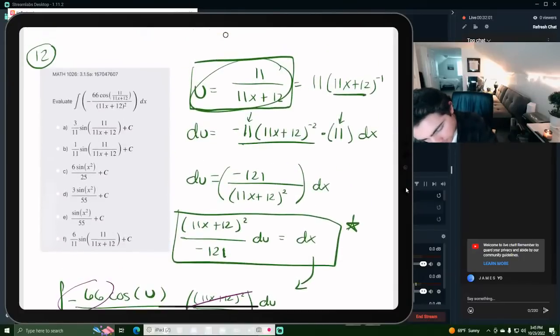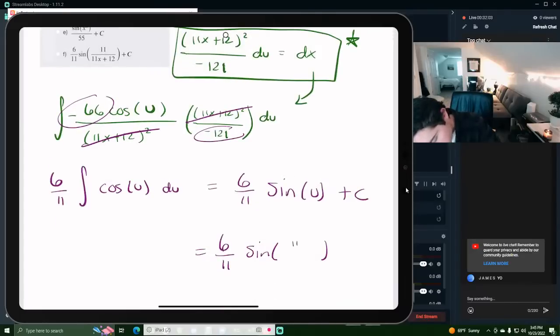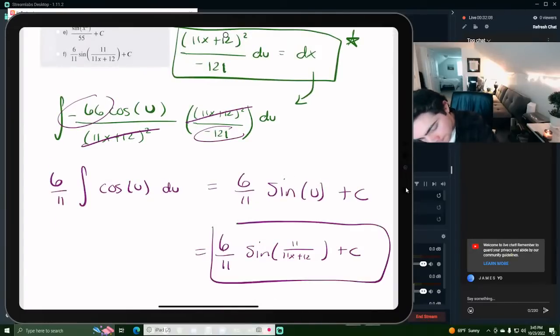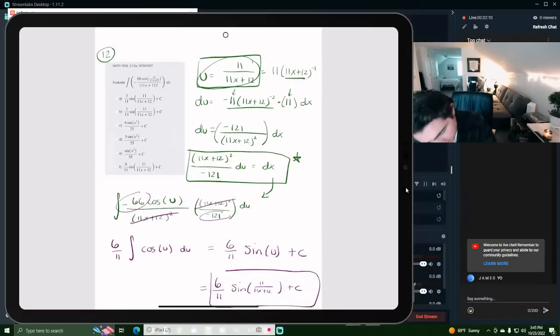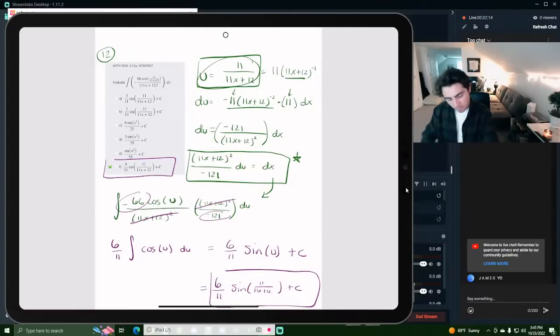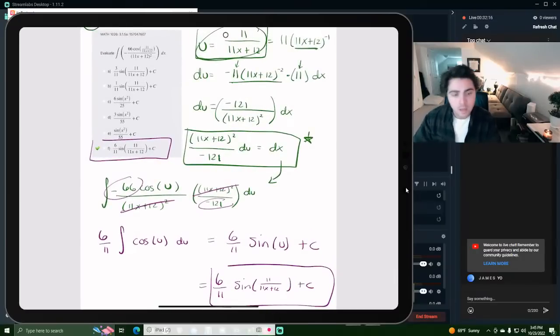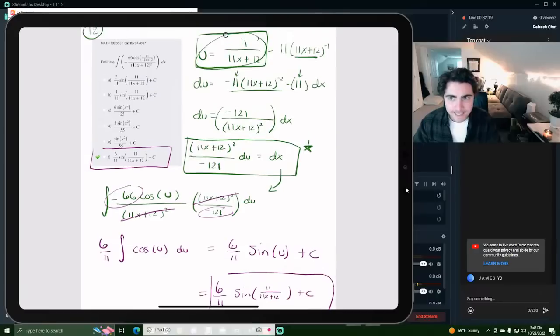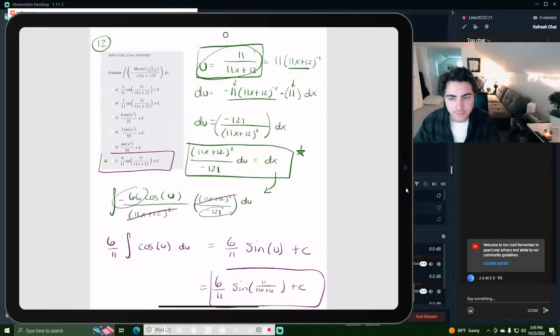It was like 11 over 11x plus 12 plus c. So we were looking for something with 6/11ths, which is the big giveaway that it's option F. And that should be it. Hope this makes some sense to anyone watching this after the fact. Let's keep rolling.